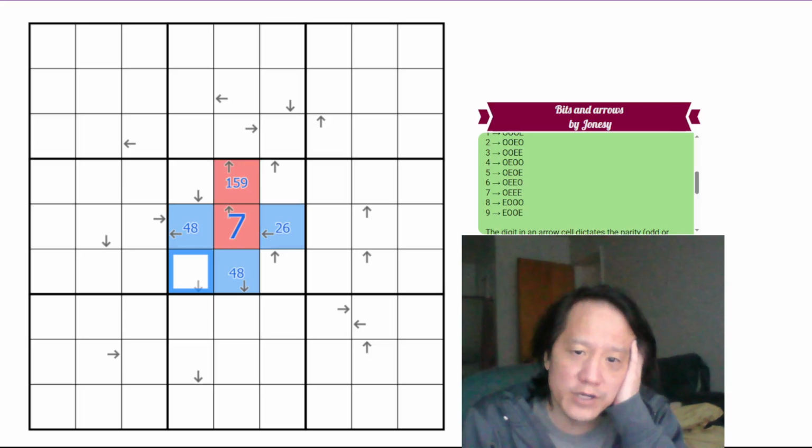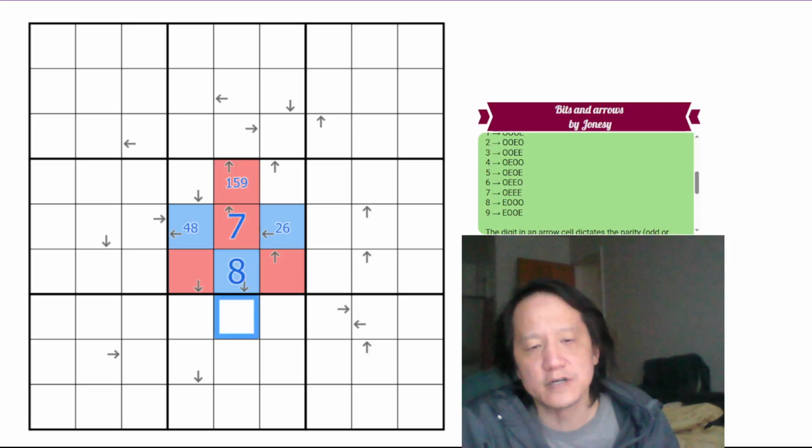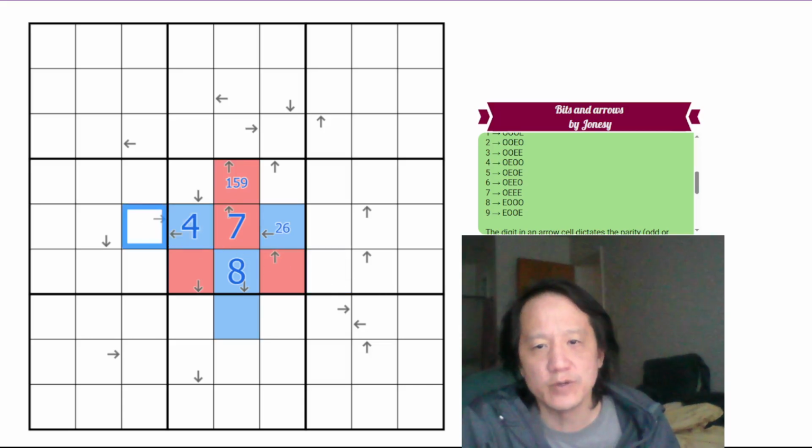So either way, this is odd, and this is odd. So this has to be 8 as even, odd, odd, odd. So this would be even, odd, odd, odd. This is 4, so this would have to be odd, even, odd, odd.